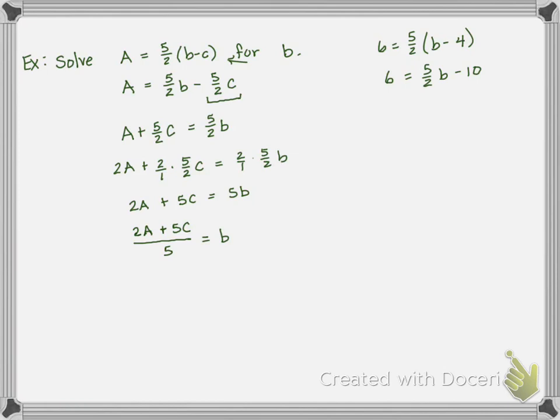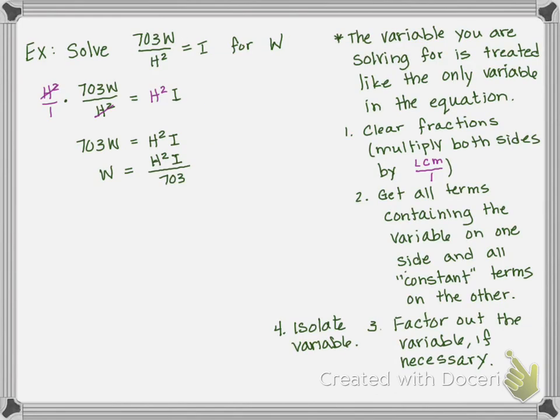And I sometimes see people start to move things back and forth because they haven't gotten a really concrete idea of what they need on one side and what they need on the other. And so that's why I wrote down those steps. If you didn't write them down, feel free to take a picture. So that instead of getting into that back and forth, you can stop and be like, oh yeah, I need to get all the terms containing W on one side and all the terms without a W on the other. So just to remind yourself of exactly what your goal is there.